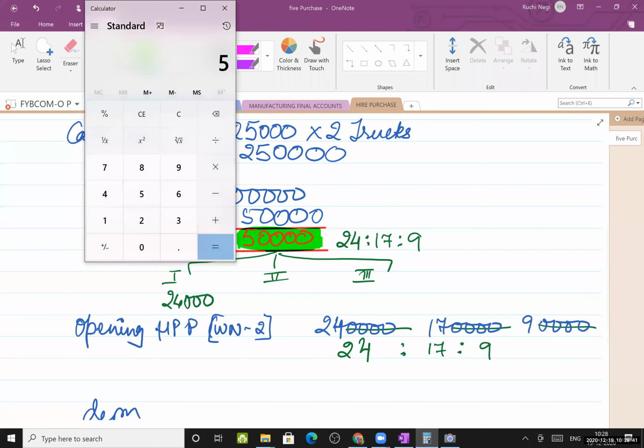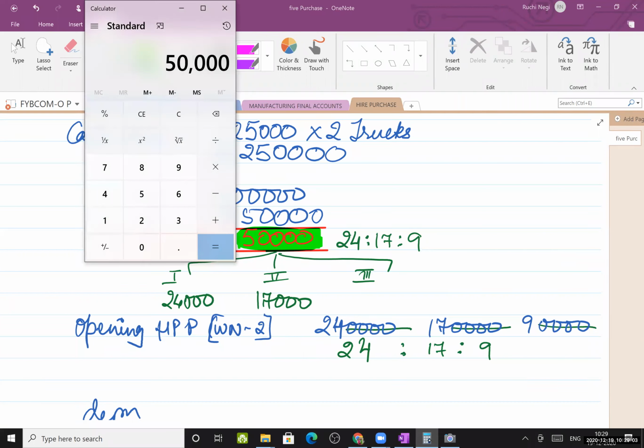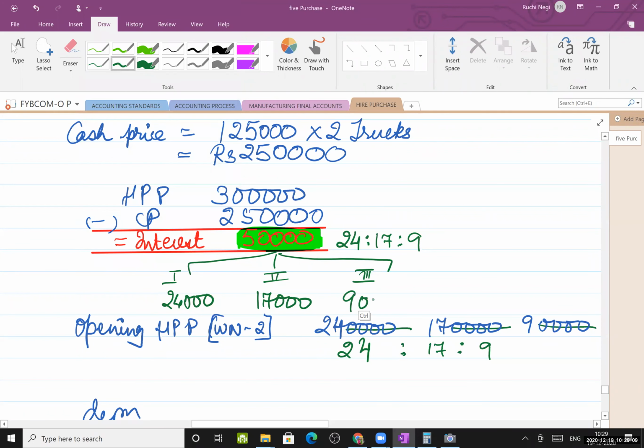Next, 50,000 into 17 divided by 50. The answer is 17,000. And last, 50,000 into 9 divided by 50. The answer is 9,000. Okay, so this is my answer.